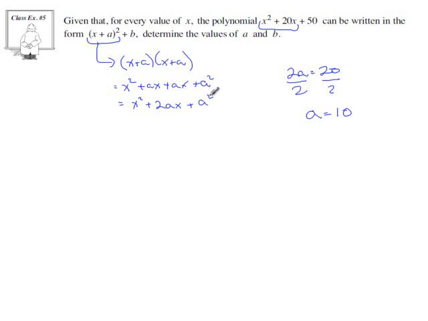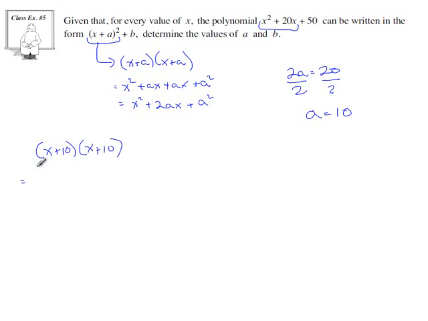I'm not going to worry so much about the a squared term, because if it doesn't work out to be 50, I can add or subtract a number here to fix it. So I'll just plug this a equals 10 into the (x plus a) squared and see what I end up with just from this bit again. So (x plus 10) squared equals x plus 10 times x plus 10.